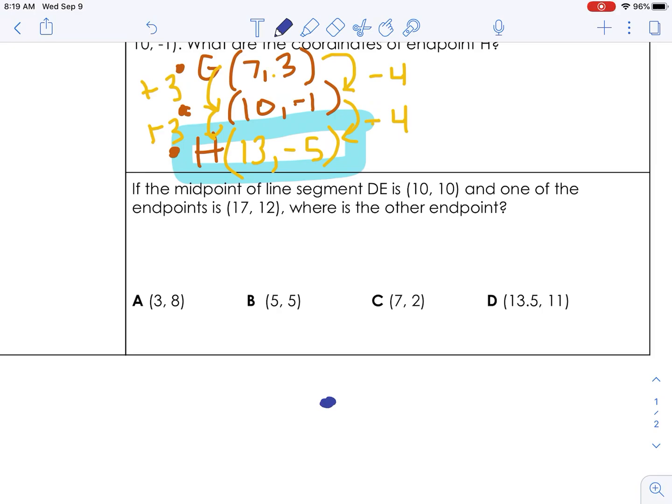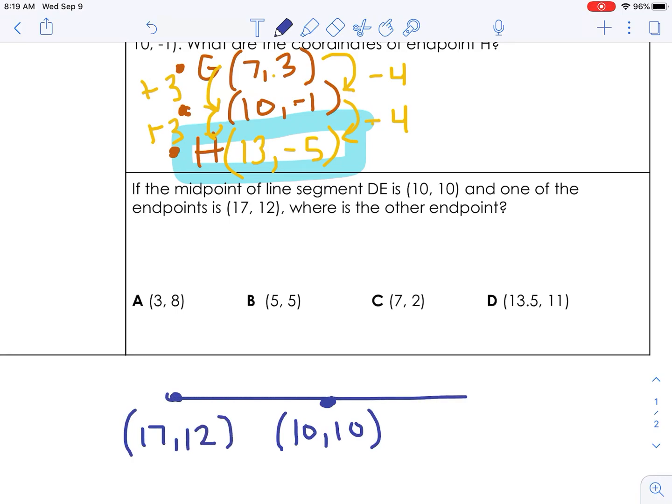And if we want to do it horizontally, we can do that as well. So we're going to make the midpoint at 10, 10, and then one of the endpoints is at 17, 12. Our job is to figure out the other endpoint.